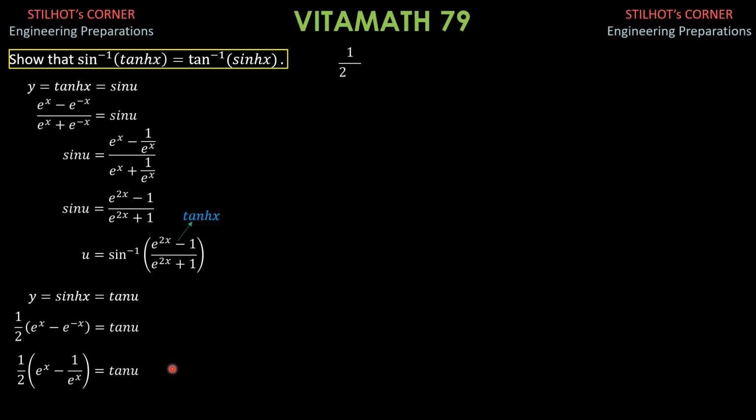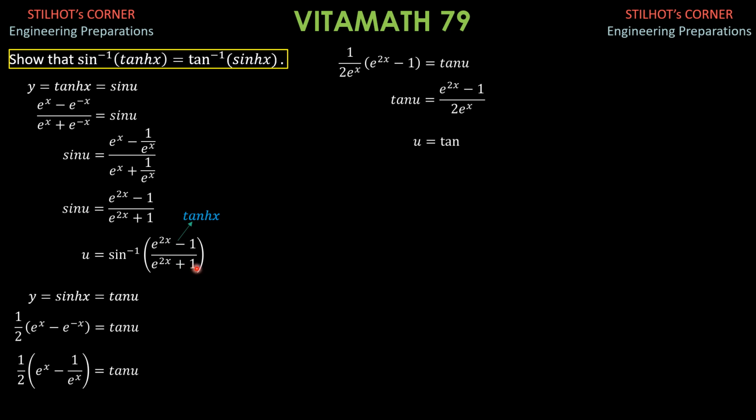So 1/2 of quantity e to the 2x minus 1 over e to the x. So 1/2 of e to the 2x minus 1 all over e to the x. So that's tangent of u. Therefore, simplifying further, e to the 2x minus 1 over 2e to the x. So let's define a triangle showing that sine of u is equal to e to the 2x minus 1 over e to the 2x plus 1.